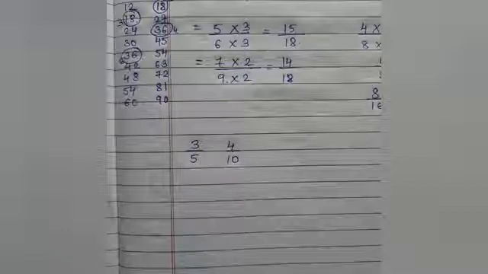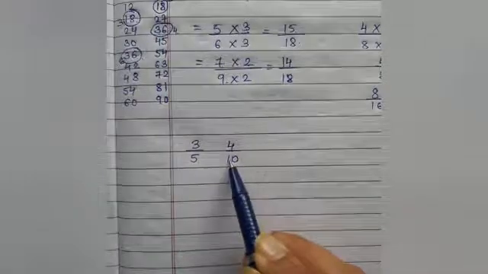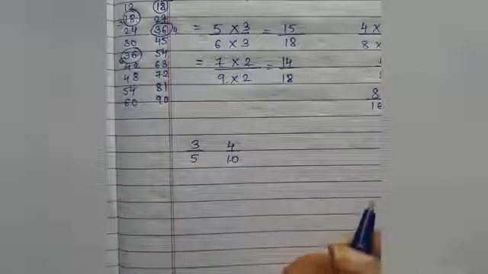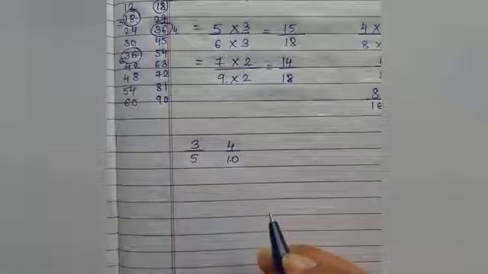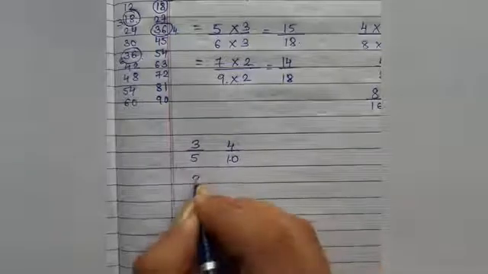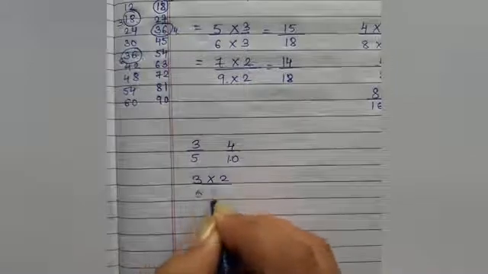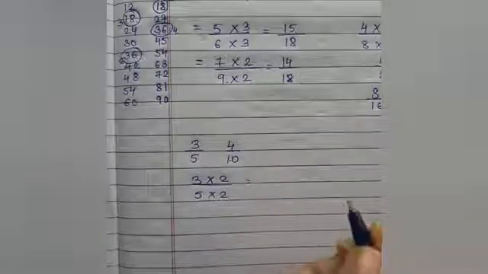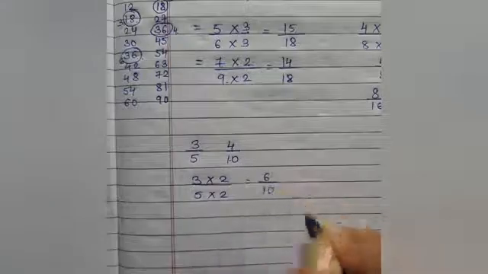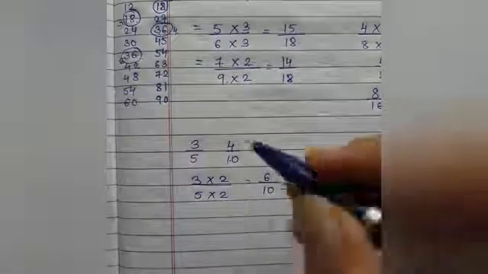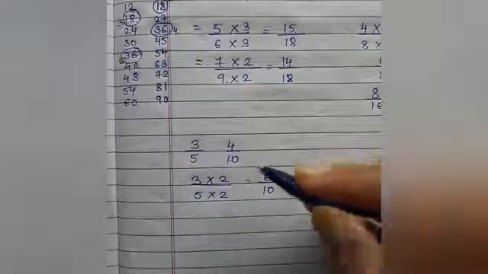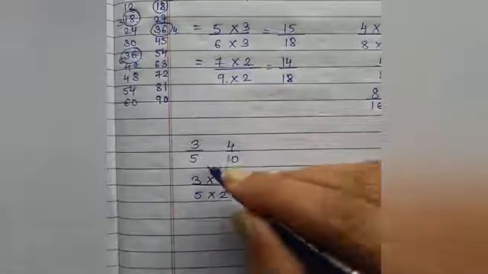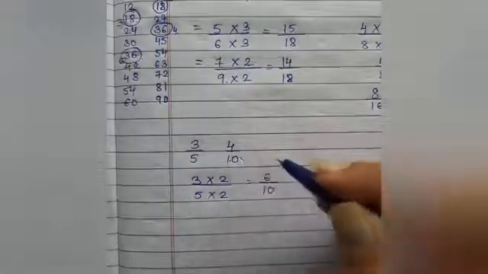For that, we will first find out at what place 10 appears in the table of 5. So, 5 multiplied by 2 is 10. So, our fraction will be 3 into 2 upon 5 into 2, which gives us the value 6 upon 10. Here, we get our denominators equal. So, we converted the unlike fractions into like fractions.